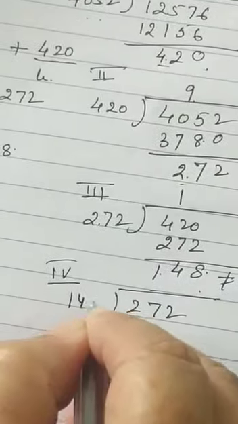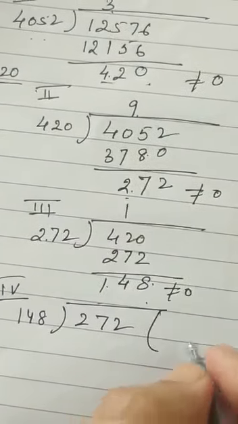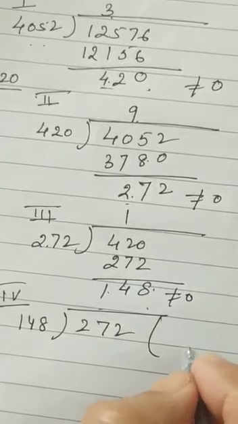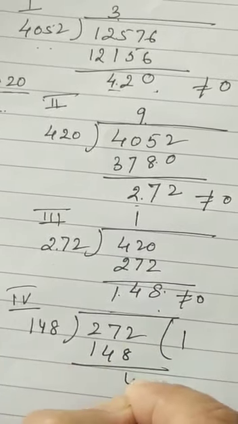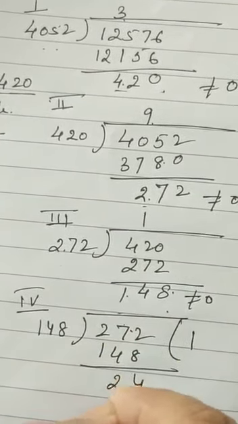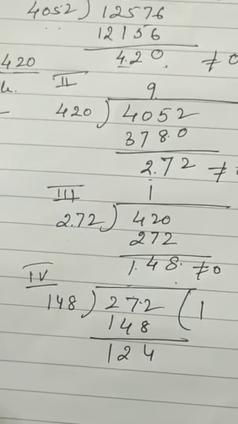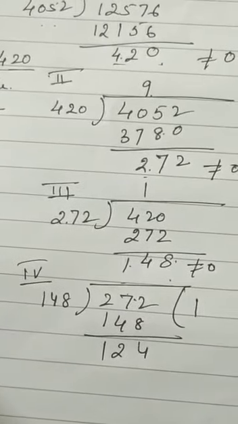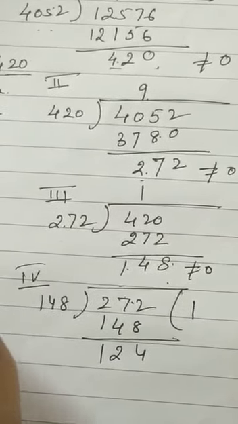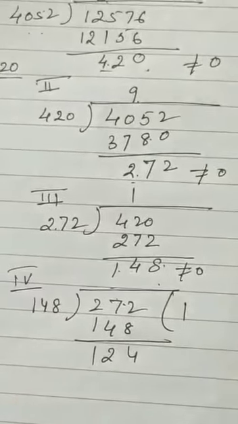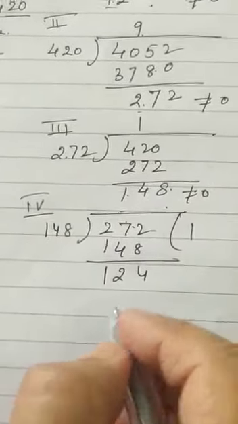272 divided by 148. So it is again divided by 148. 1 time चलेगा. So 272 is equal to 148 into 1 plus 124. So it is not 0. Again we will divide.